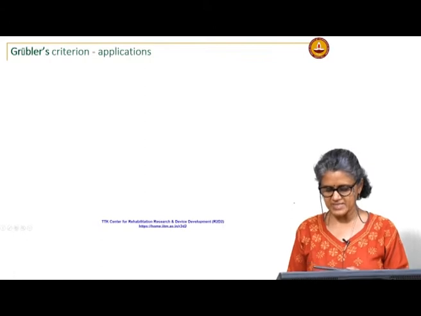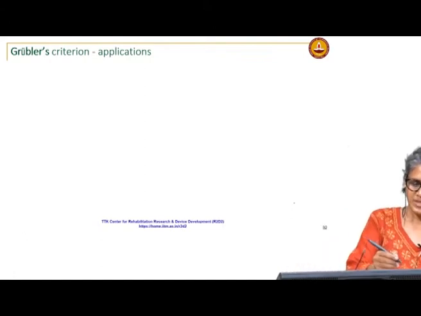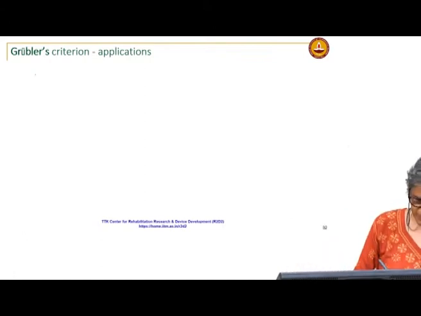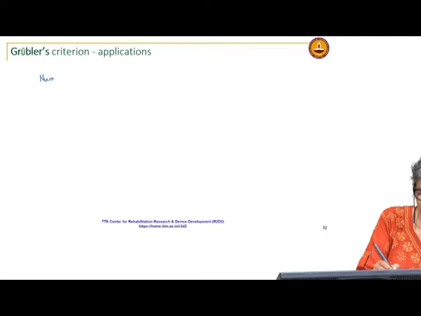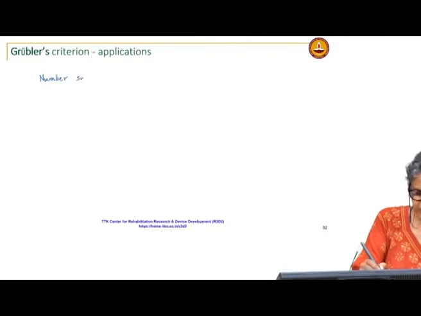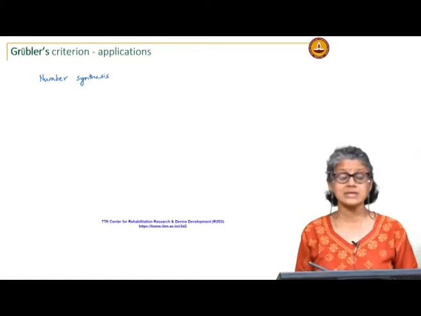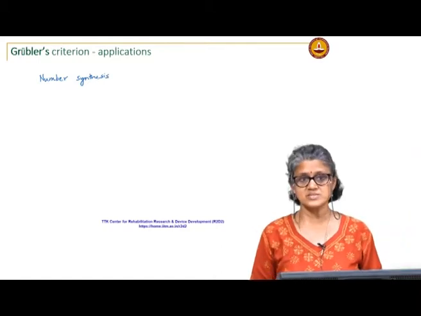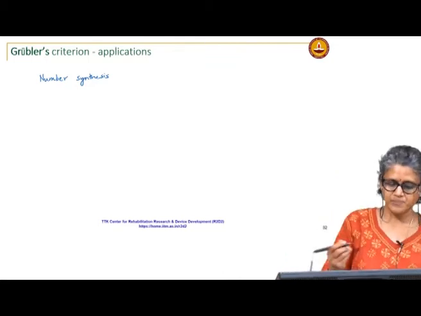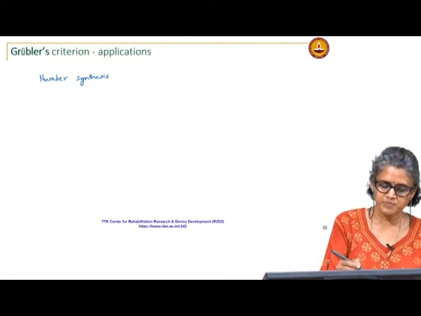So, last class we looked at some of the applications of Grubler's criterion and number synthesis, basically determining the numbers and types of links you would need for, say, a single degree of freedom linkage.